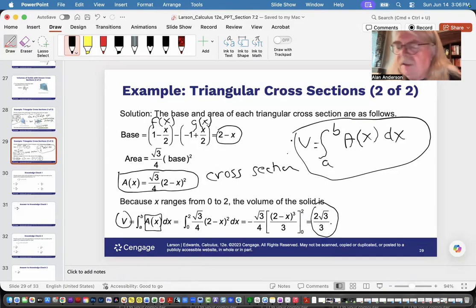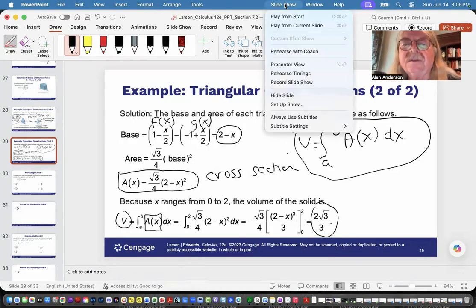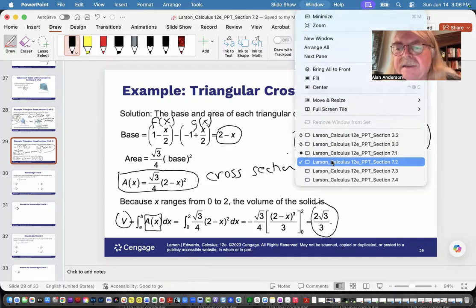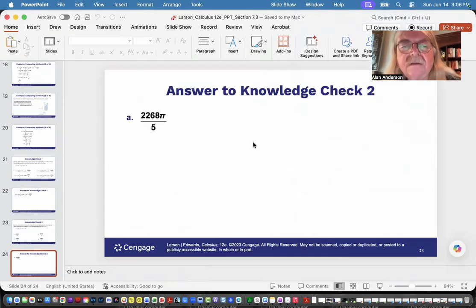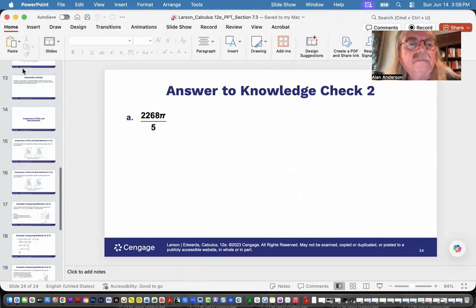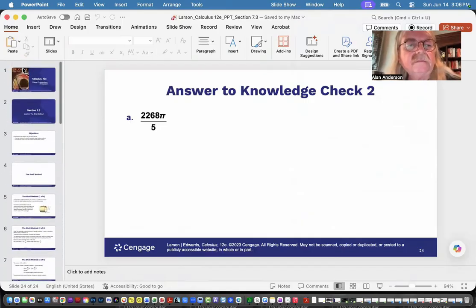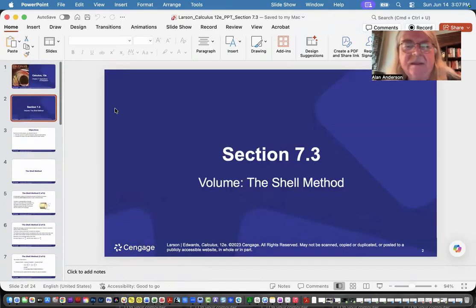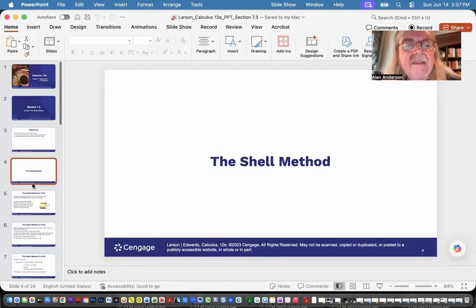Okay. Now in 7.3, this is 7.2, by the way, 7.3, which is just coming up next, we have one more technique for finding volumes, and it's called the shell method.